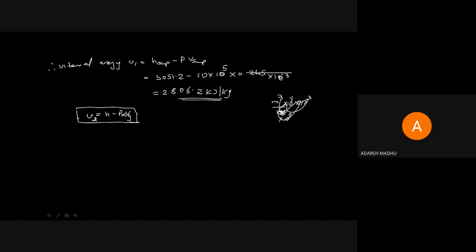So you want to find U2, where U2 equal to H minus P into X into Vg.